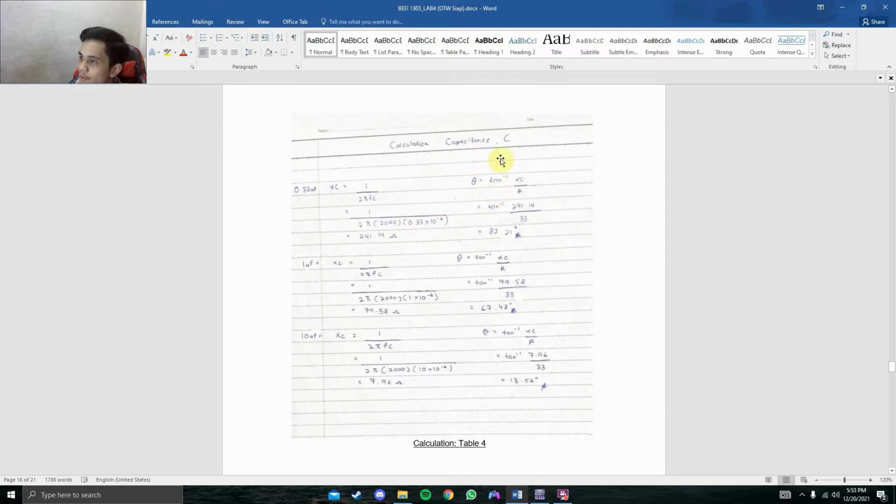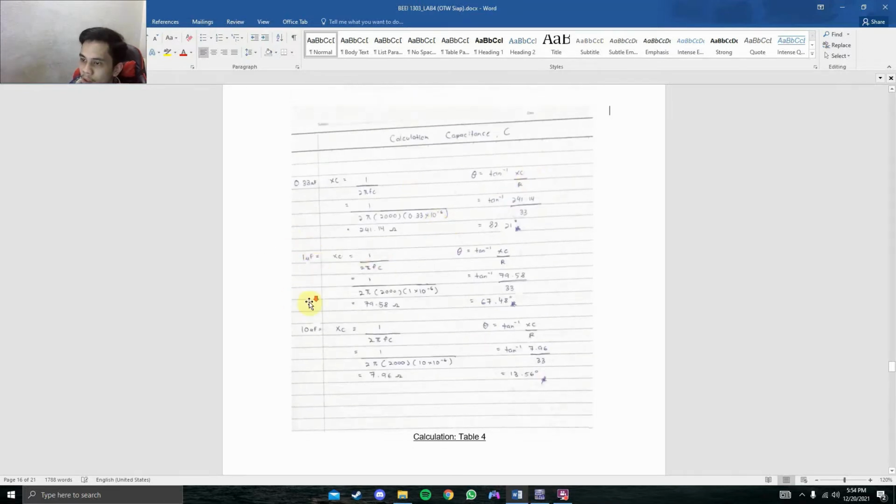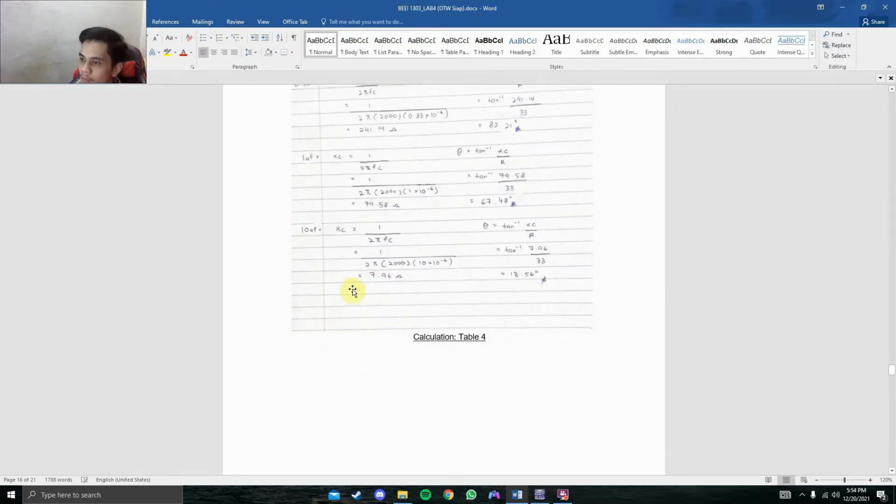And then we find the phase angle. Phase angle is tan inverse of XC over R. Then tan inverse, we take the XC here, 241.14 over 33 ohm, and then the answer is 82.21 degree. Same situation for 1 microfarad and 10 microfarad.